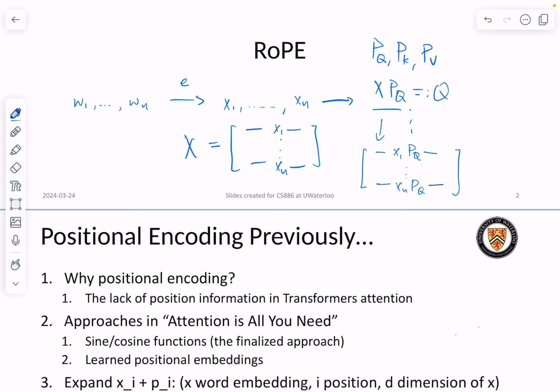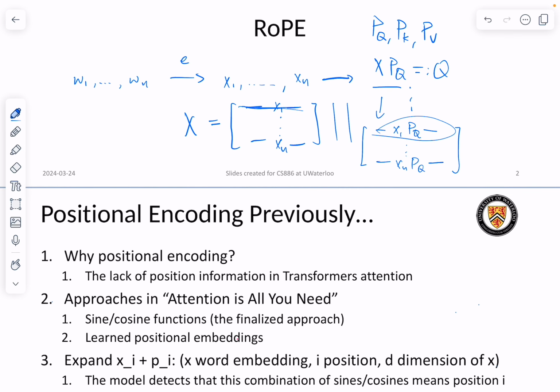Because we first multiply x1 by the first column of PQ, and then the second entry will be also x1 multiplied by the second column of PQ, which is exactly what we're going to get here.